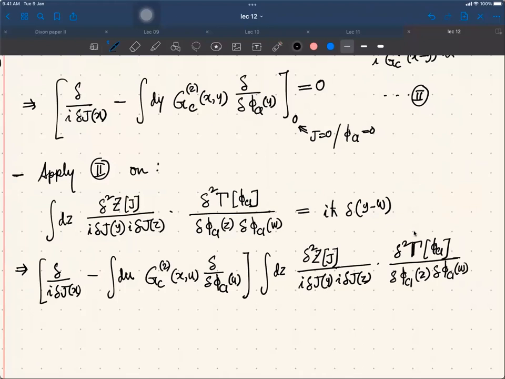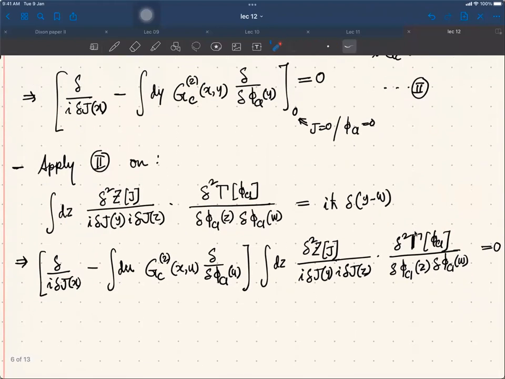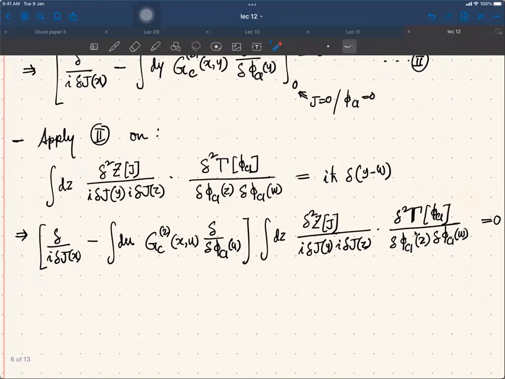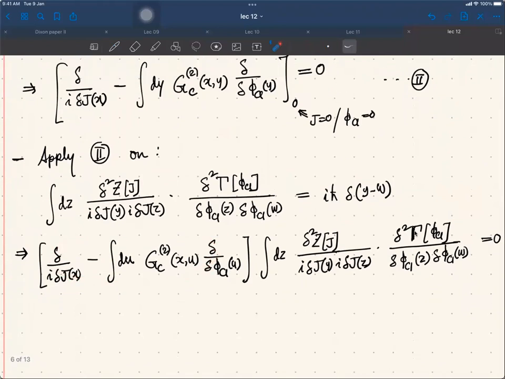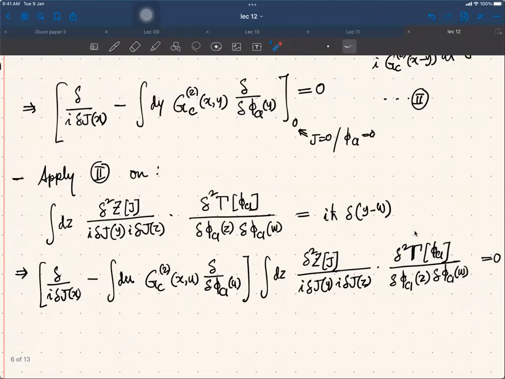So you can apply this operator that we just showed to be 0 on the equation at n equal to 2, which we discussed earlier, and then you should get 0. We haven't taken j equal to 0 or phi cl equal to 0 so far. Of course, this equation itself has been obtained from an equation where we set j equal to 0 and phi equal to 0.